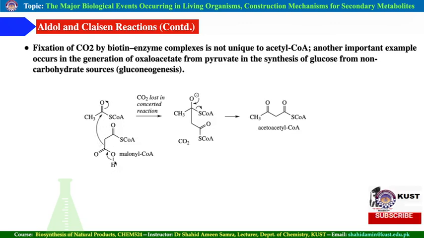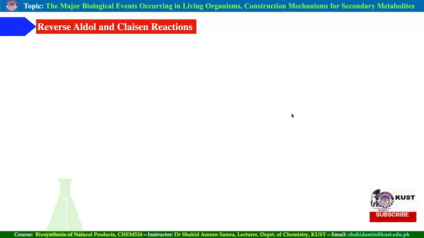Because of the loss of one proton from here, carbon dioxide will be released, and this carbon will get attached to this carbon, and we will get this kind of species. Afterwards, rearrangement of the electronic cloud will happen, as a result of which the electronic cloud will be shifted here, generating a carbonyl bond, and coenzyme A-SH will be released. So we will get acetyl coenzyme A as the product.